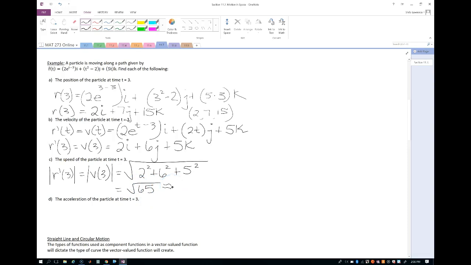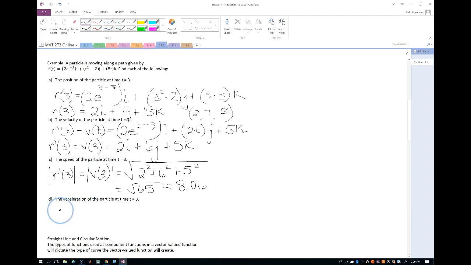Usually with speed, you might think when you're driving, like in miles per hour or meters per second. So radical 65 might not tell us a whole lot of information. You can change this to a decimal as well. And we have a speed of 8.06 units per time.